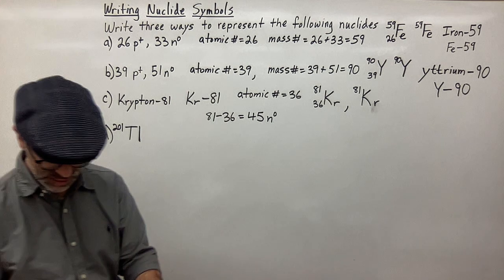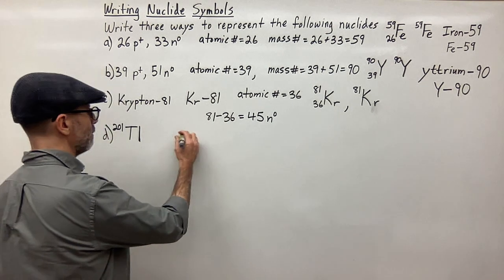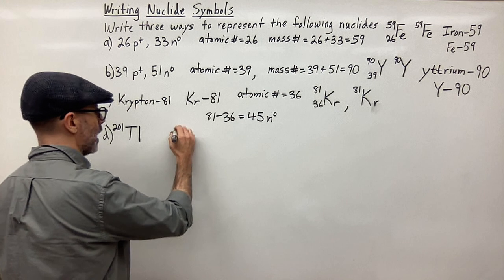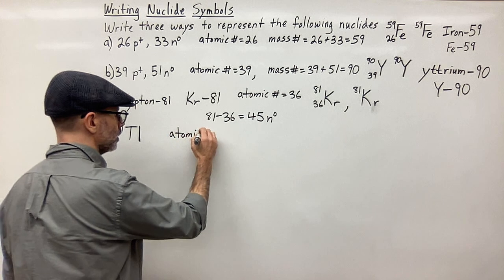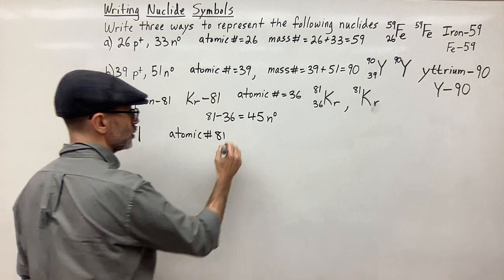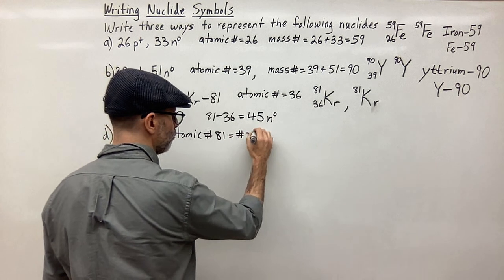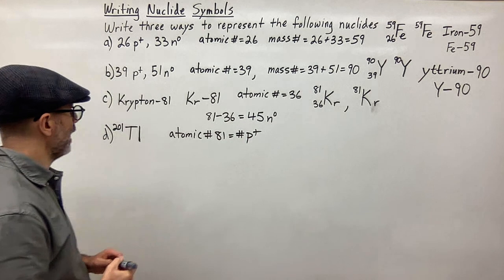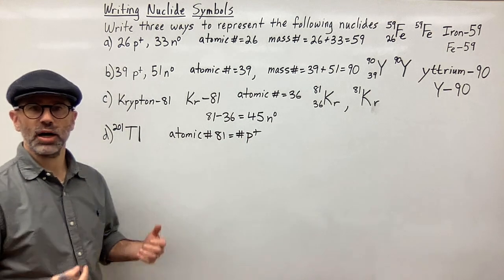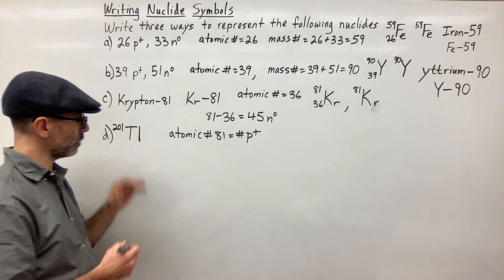So we look up Tl, and it's number 81. So that means that it has the atomic number 81, and therefore this is equal to the number of protons. And again, if you want to know what the number of neutrons is, you can subtract the protons from the mass number.